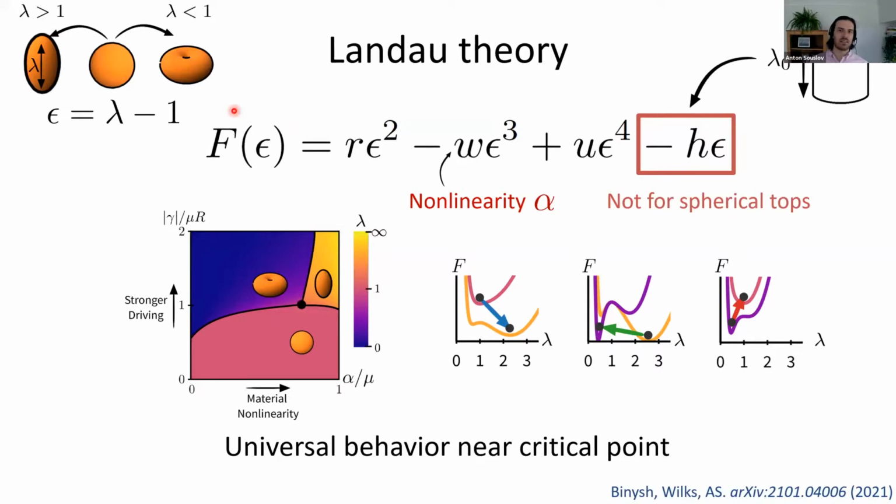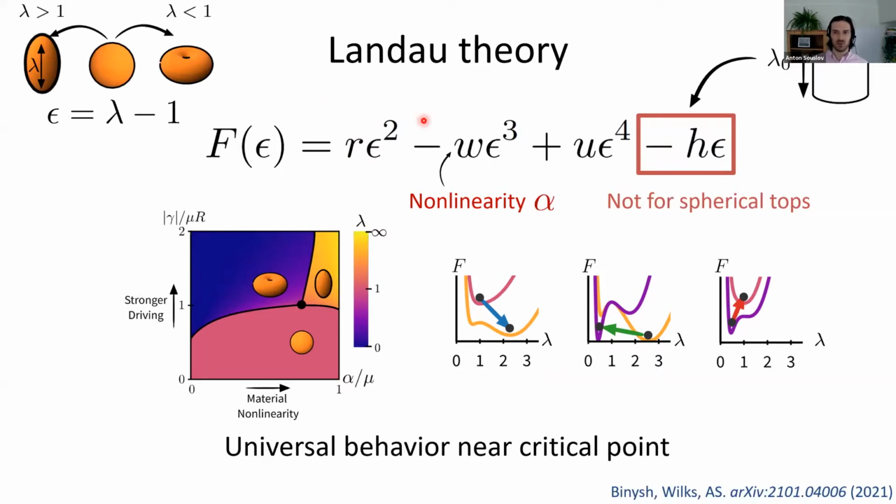The basic idea is that this form of Landau theory, without an anisotropic term, predicts the existence of a critical point. In that sense, the basic ingredients are very general.